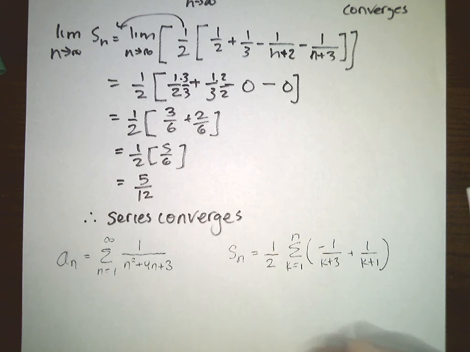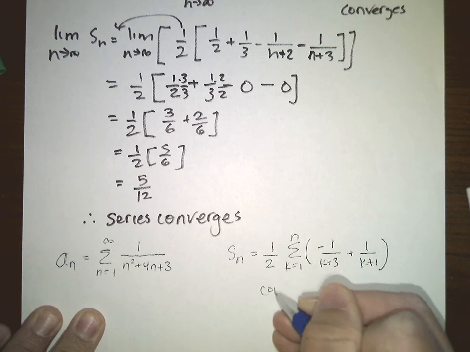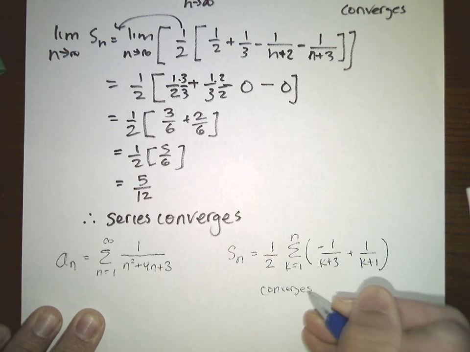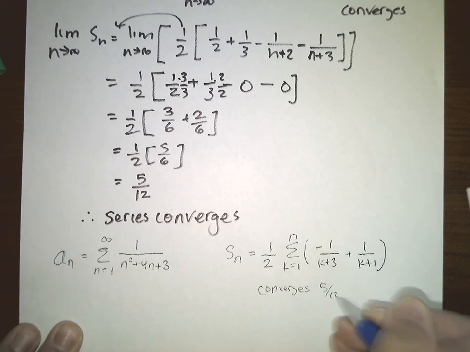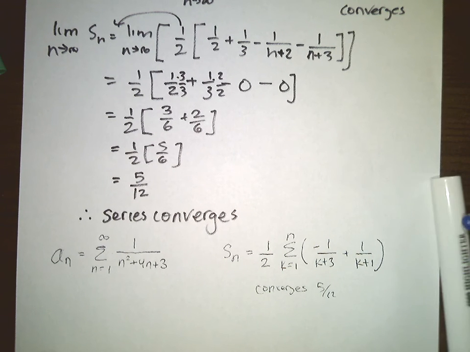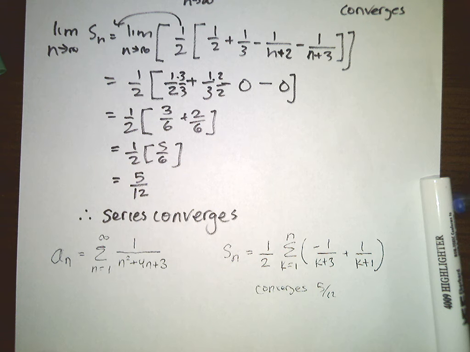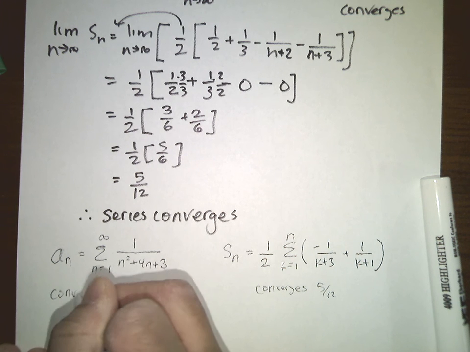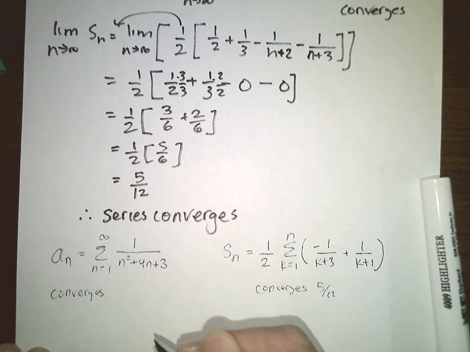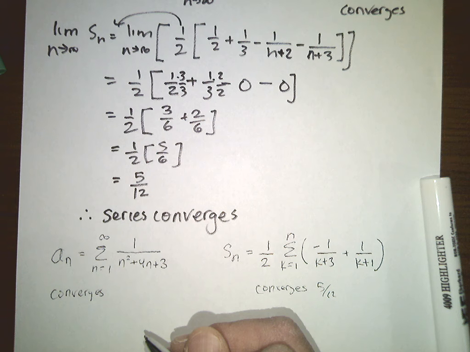And I said the partial sums converged to 5 over 12. But the series itself converges to some weird value that is so hard to find that sometimes we don't actually care what it is. We just care that it does converge.